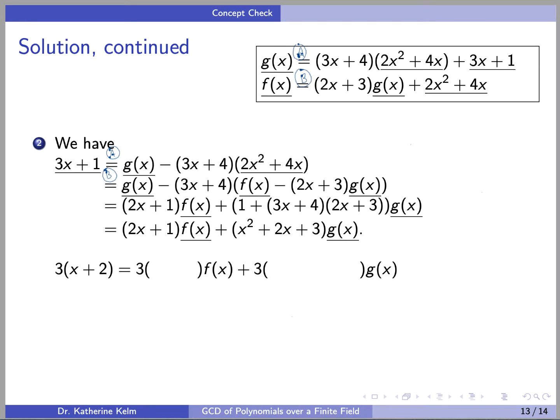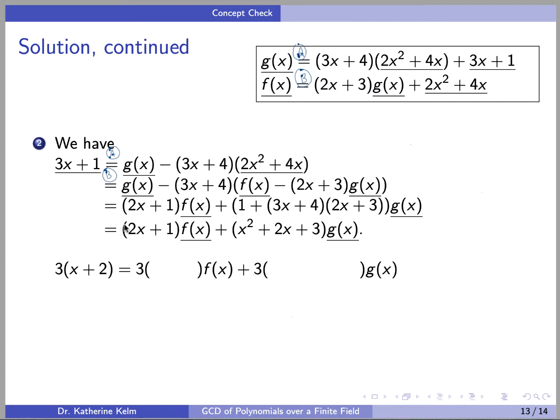The actual GCD of f of x and g of x is x plus 2, as we've worked out, so we need to factor out a 3 on both sides of the equation. Factoring out 3 from 3x plus 1 gives us 3 times x plus 2, as we saw before.